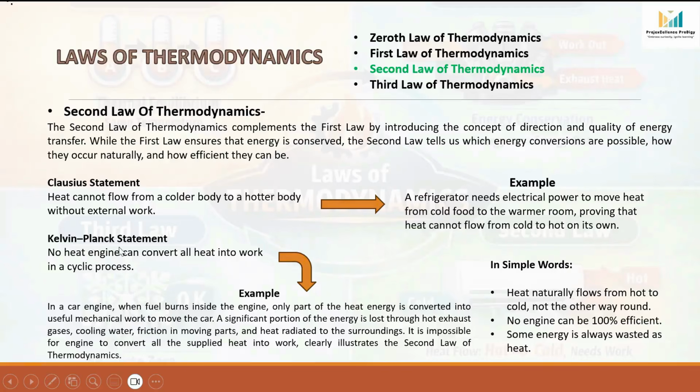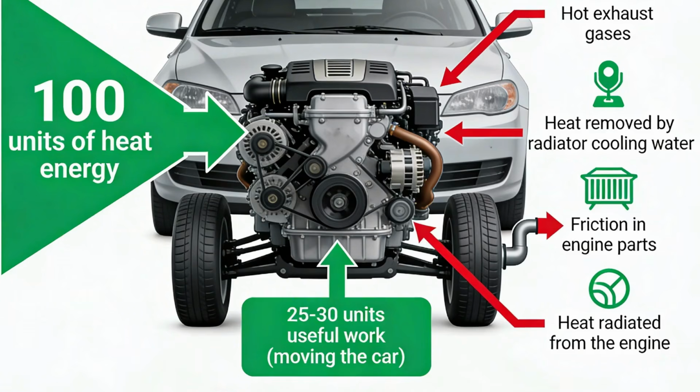Now let's look at the second statement called the Kelvin-Planck statement. It says that no heat engine can convert all the heat supplied to it into work in a cyclic process. Let's take a car engine as an example. Suppose it produces 100 units of heat energy. What happens?